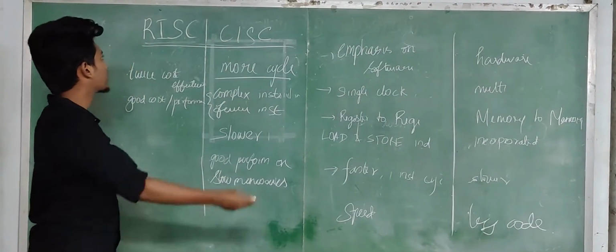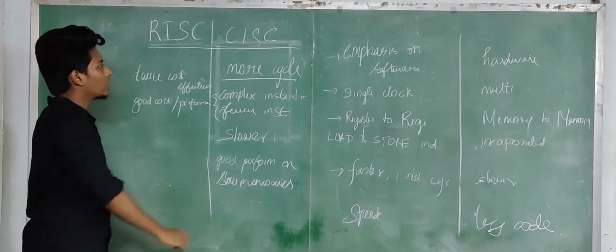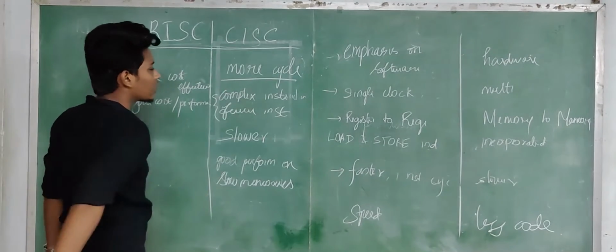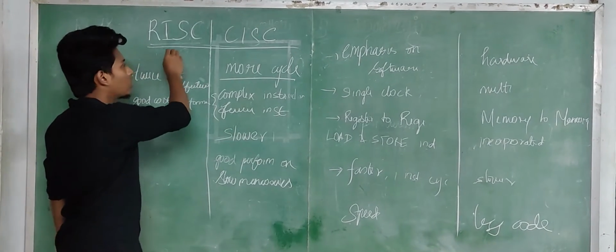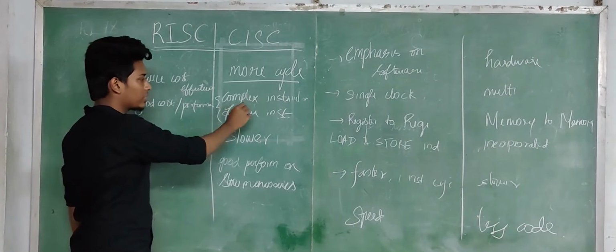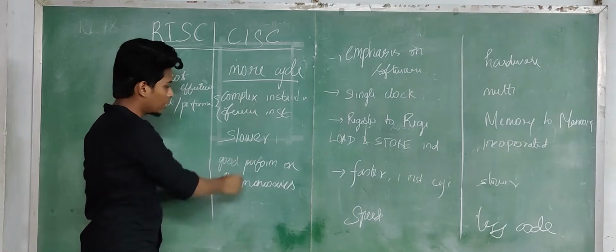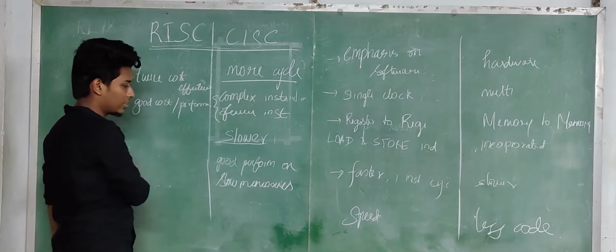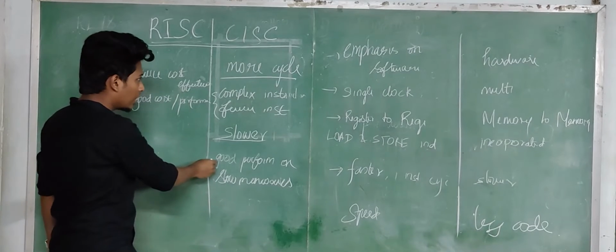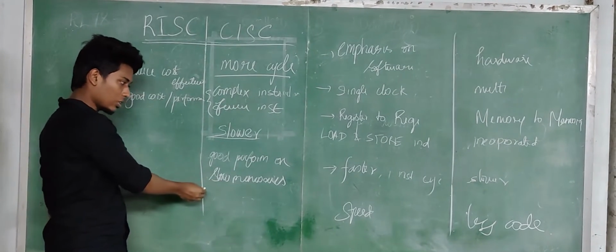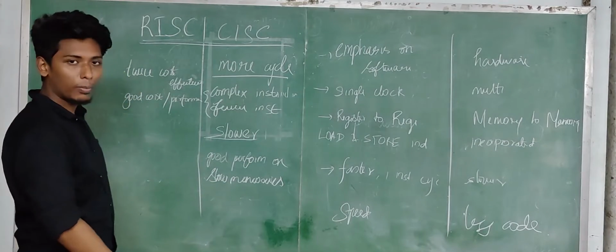Now we will see the difference between RISC and CISC. CISC instructions utilize more instruction cycles than RISC instructions. CISC comprises complex instructions and very few instructions. It is generally slower compared to RISC, and the main objective is good performance on slow memories.